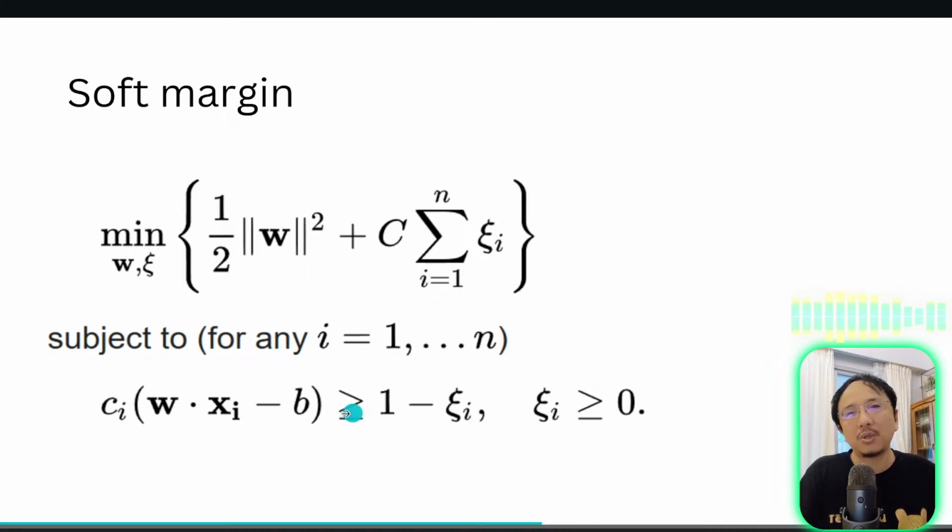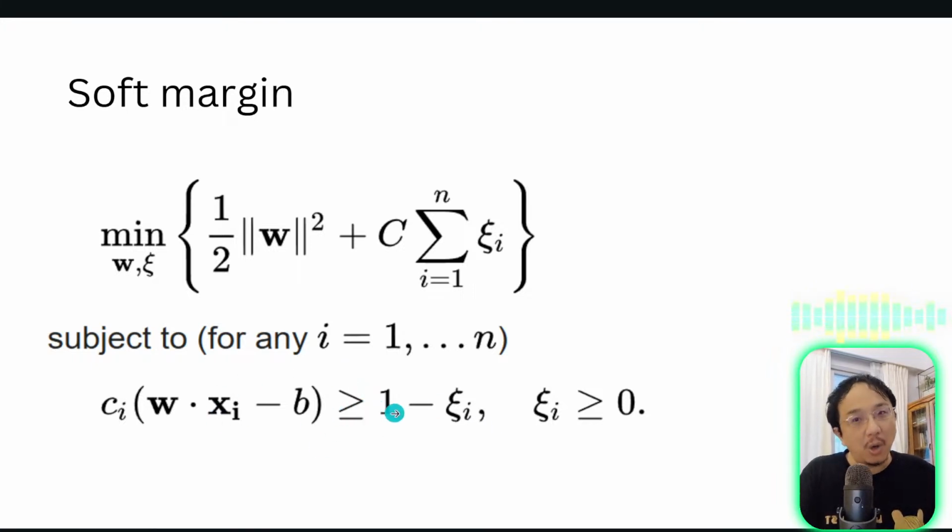There's some error, so it allows you to have some penalty. If some xi does not satisfy the inequality strictly, that's okay.